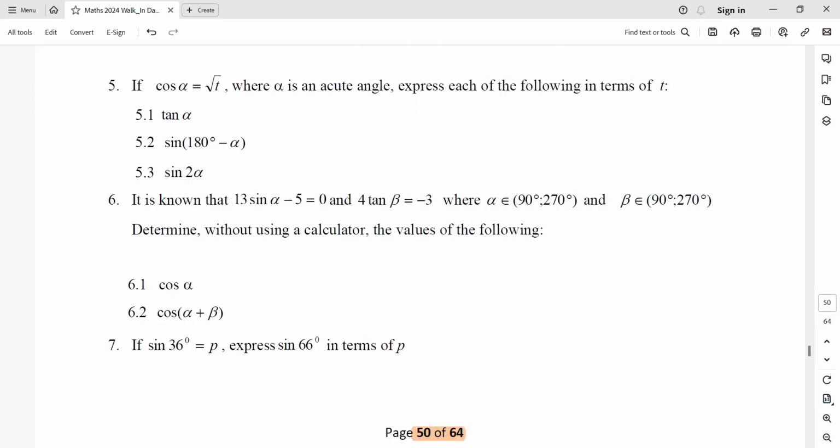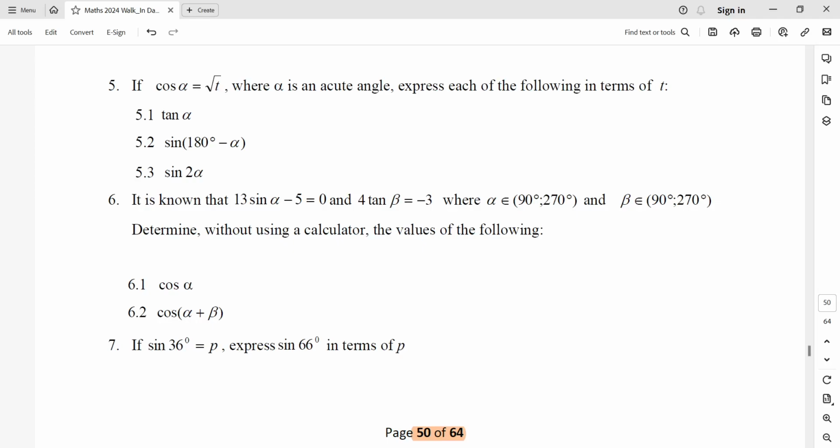The last one. Okay, the last one says that if sine 36 is equal to p, then express sine 66 in terms of p.